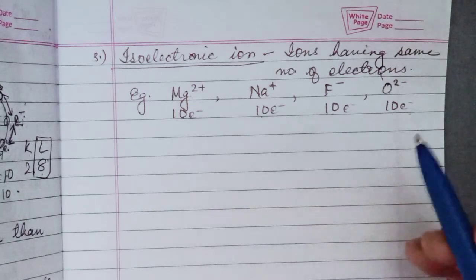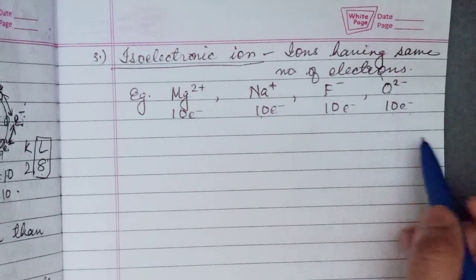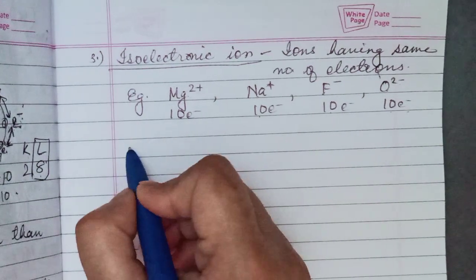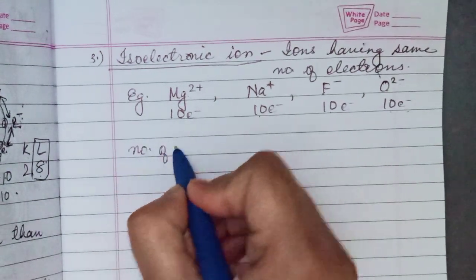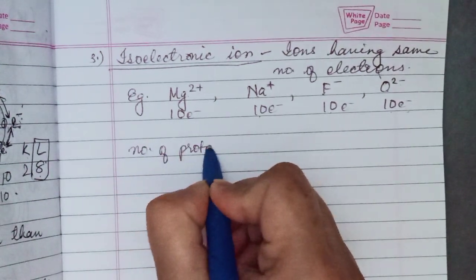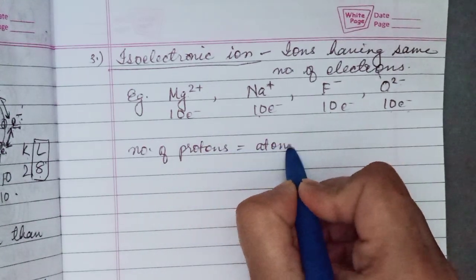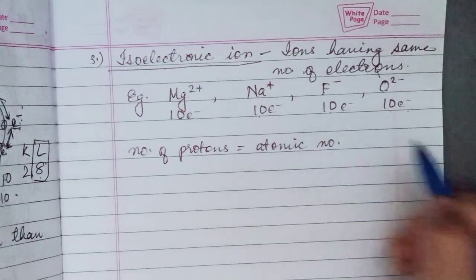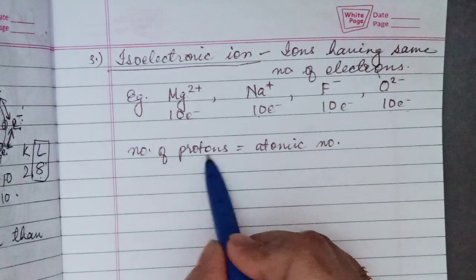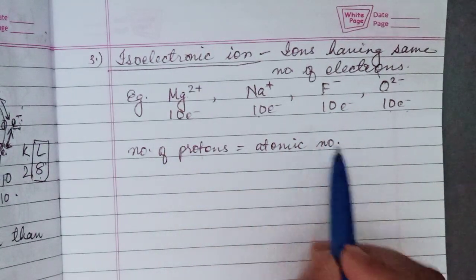For this type of ion, you will consider the number of protons, that means the atomic number. Number of protons is the atomic number.